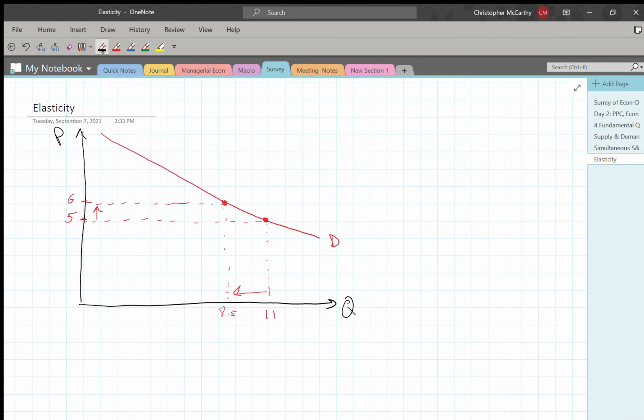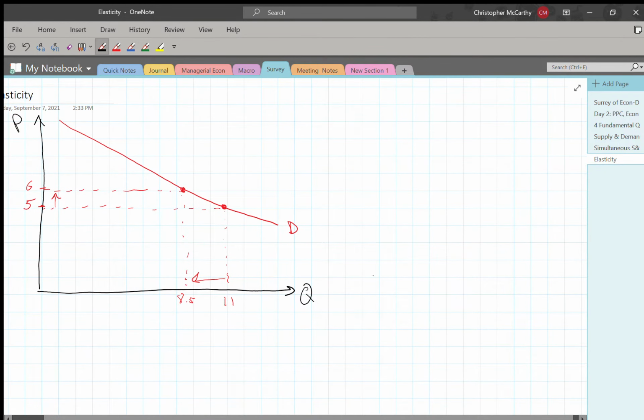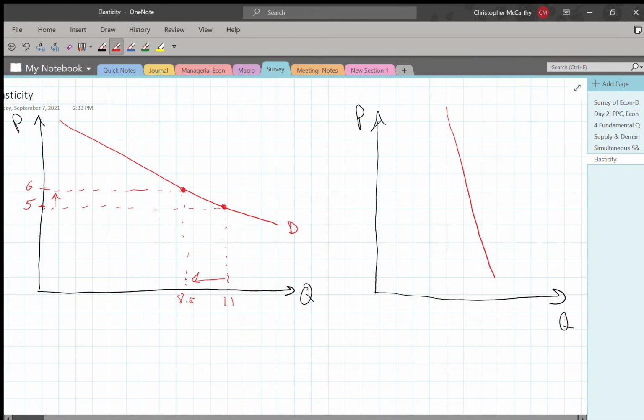Compare this to a demand curve that is relatively steep. Same kind of shift in prices from 5 to 6 results in a loss of quantity from 5.5 to 5.25, right?